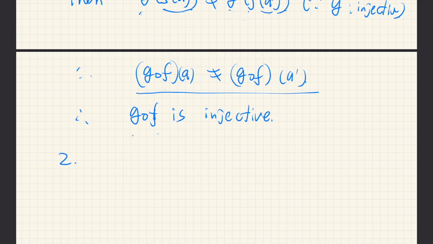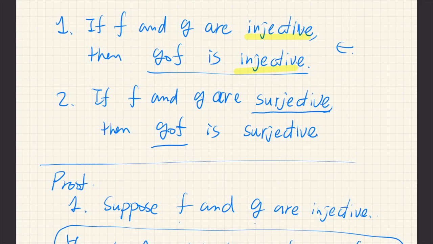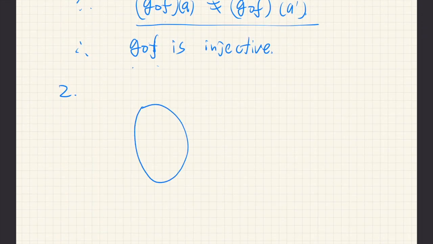To prove the second part, we need to understand what surjective means. Remember the definition? So surjective means, let's say we have set A and set B and we have a map f between them.